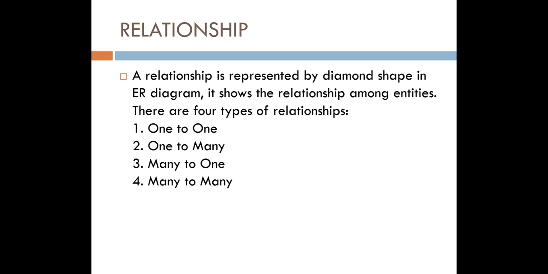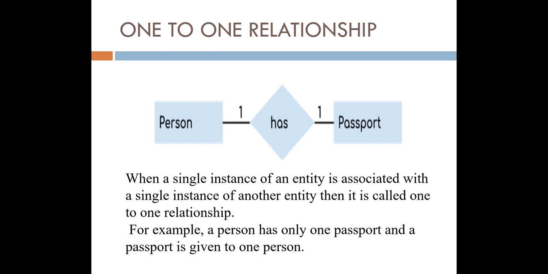Next we will discuss the different relationships which are used in the ER diagram. Here we are representing four types of relationship: one to one, one to many, many to one and many to many. First we will discuss one to one. When one instance of an entity on the left hand side is associated with one instance of another entity, it is known as a one-to-one relationship.